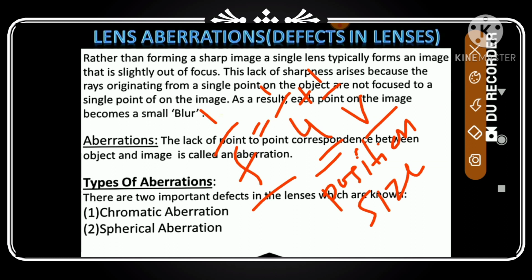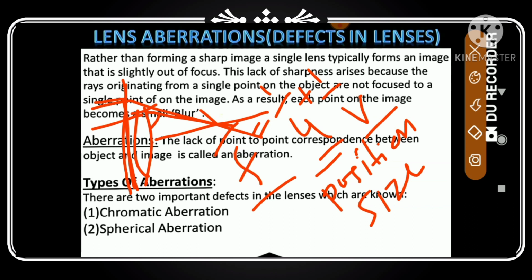When the aperture of the lens is very small, the rays make a very small angle with the principal axis. If the aperture of the lens is large, then the rays make a very large angle with the principal axis.